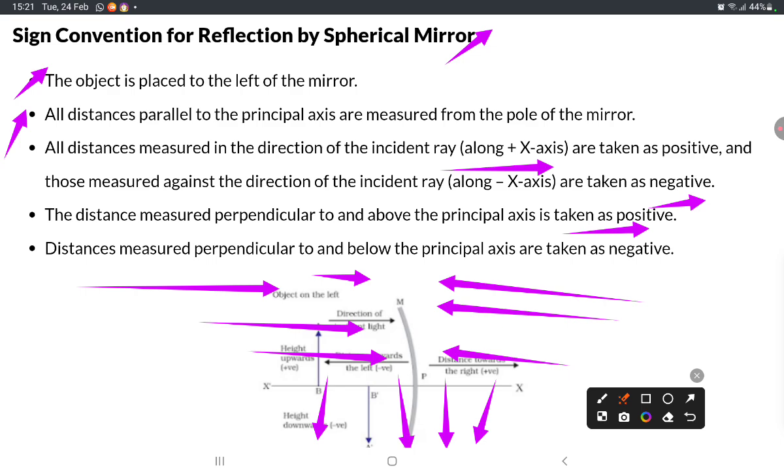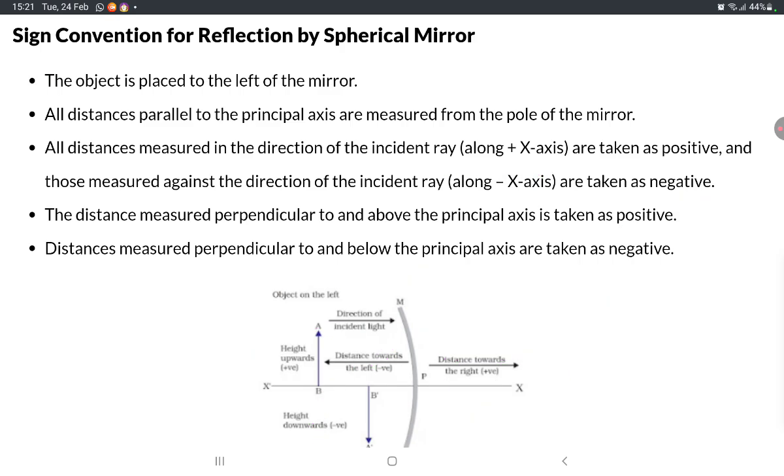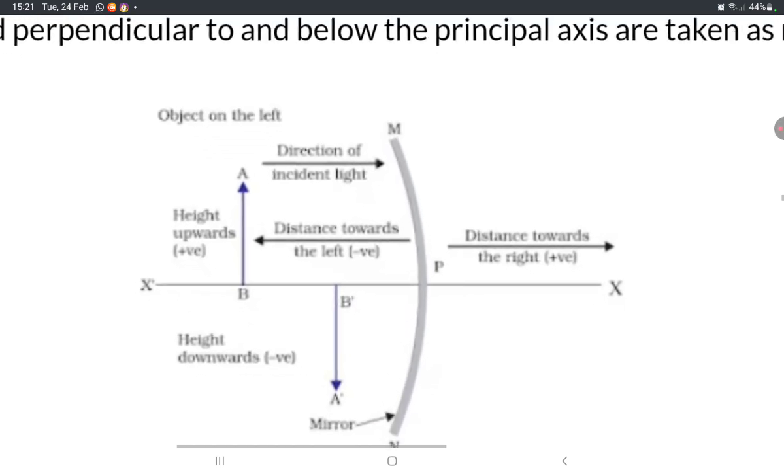The distances measured perpendicular to and above the principal axis are taken as positive. Clear?